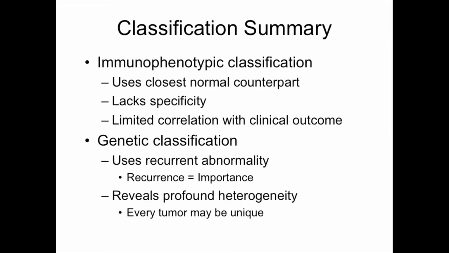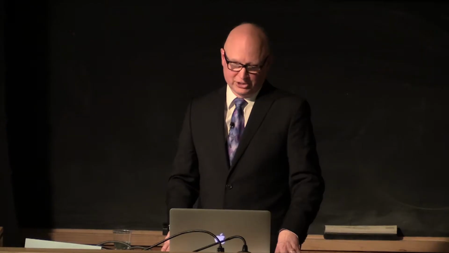Genetic classification uses recurrent genetic abnormalities to do classification, with the idea that recurrent abnormalities are those of increasing importance that probably are something biologically important to the patient's leukemia, but they reveal profound genetic heterogeneity underneath this, such that in many cases every tumor may be in fact genetically unique, and so presents a real challenge to classification and therapeutic schemes.